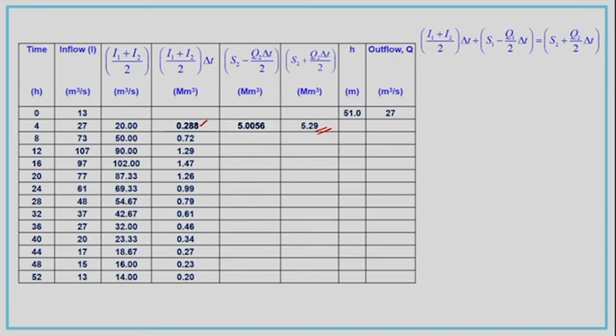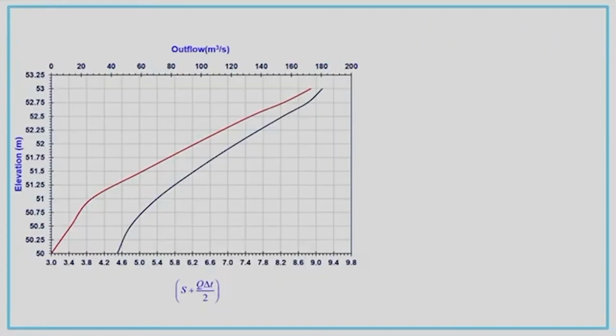We will move on to our graph, where S2 plus Q by 2 delta T, that is our indicative storage, is plotted against the elevation. In the same graph we have plotted the outflow also. So, we will make use of this value S2 plus Q2 delta T by 2 as 5.29. We will look into the graph.